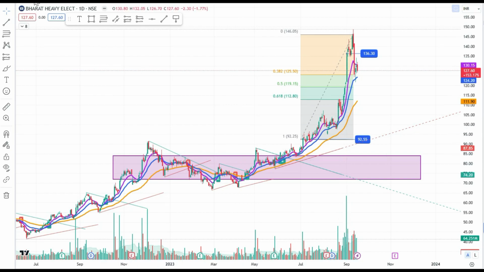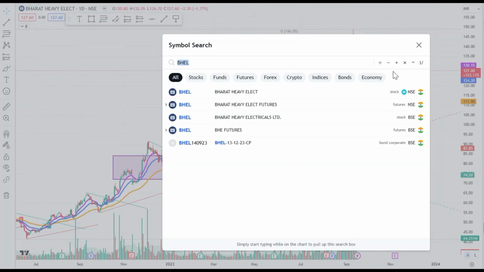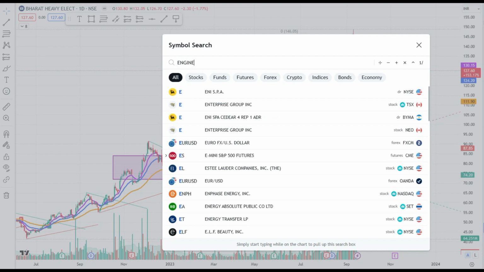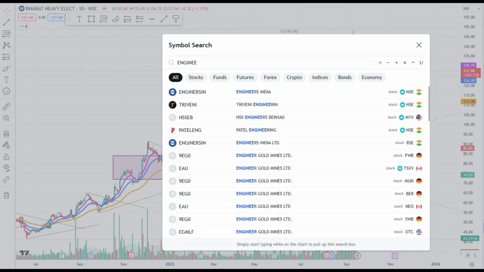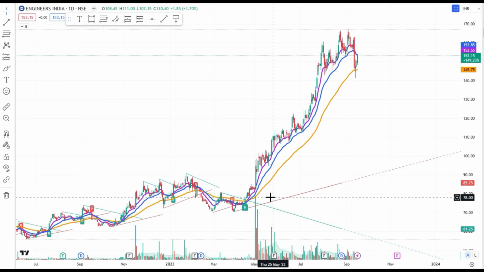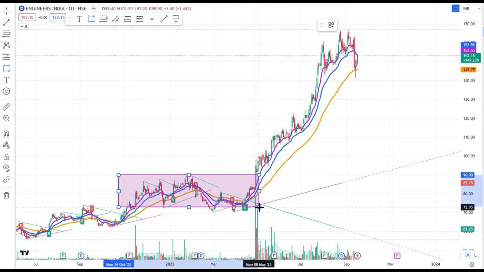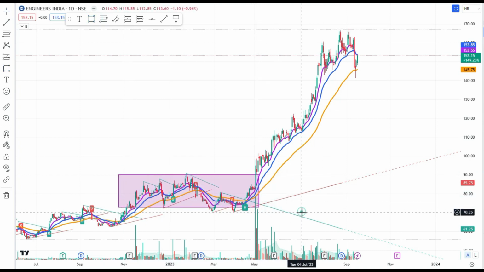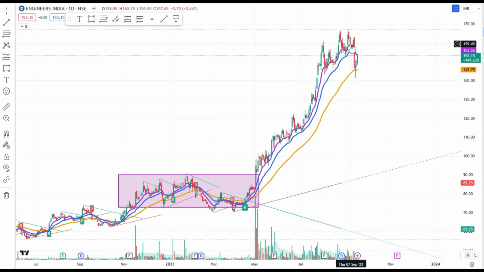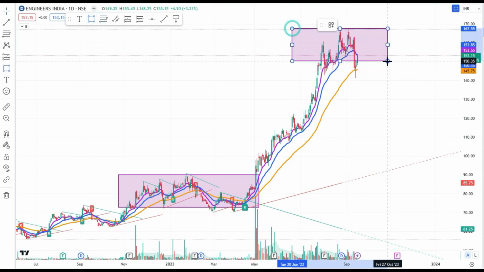See, another movement happened in Engineers India. So these are stocks which have been neglected for a long period. So it had a base, quite a big base here. So it broke out in high volumes. Even now, this is distribution. Anyone can say this is distribution.